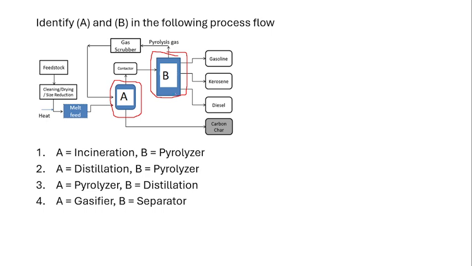What is B? The options are incineration and pyrolyzer, distillation and pyrolyzer, pyrolyzer and distillation, gasifier and separate. Just now we have seen this, right? This is the pyrolyzer and this is the distillation unit. The distillation unit separates the different products based on the difference in their boiling points. That's why we get gasoline, kerosene, and finally diesel. So this is the pyrolyzer and this is the distillation unit.